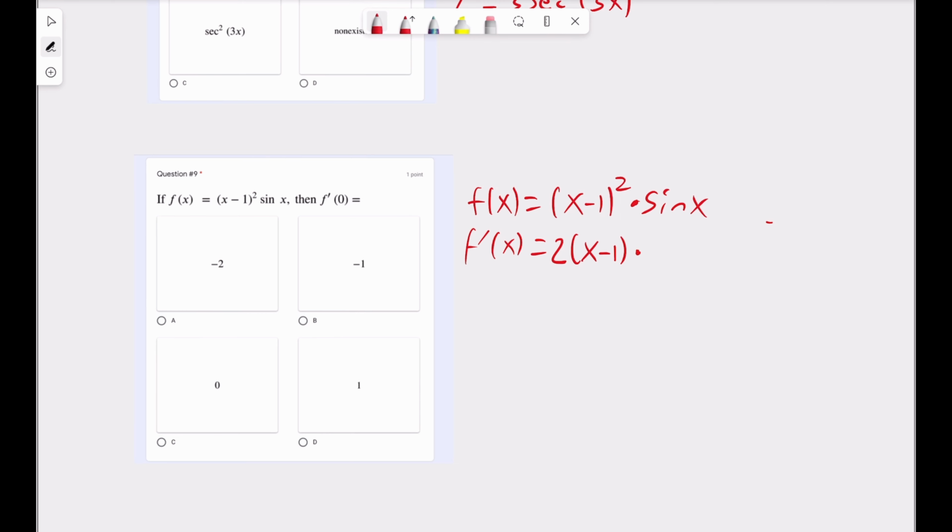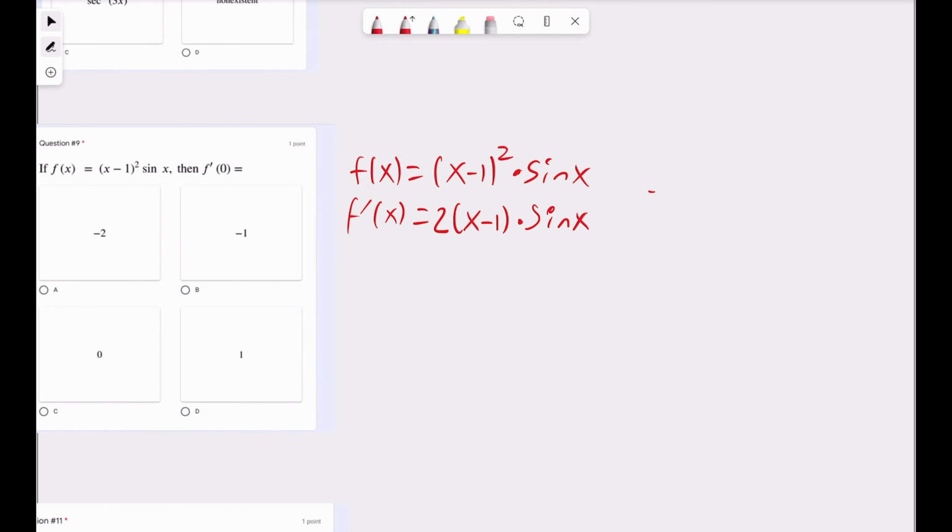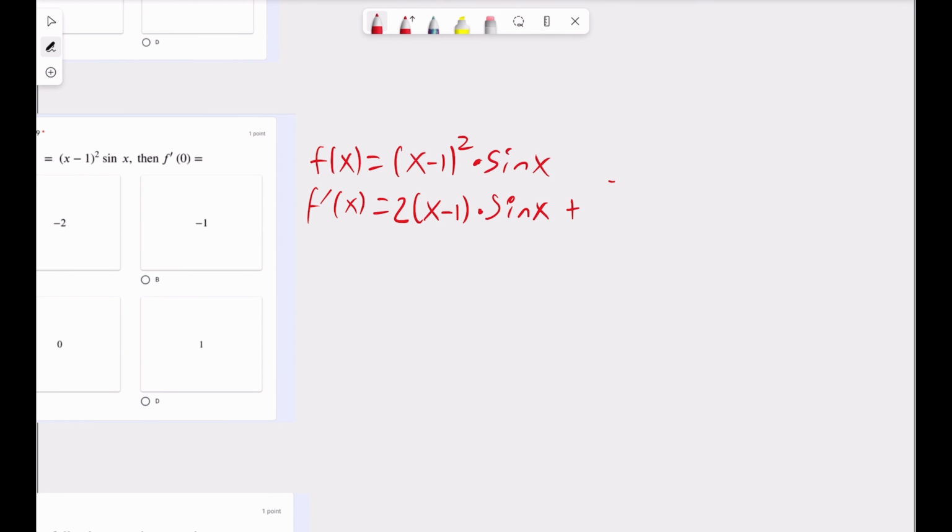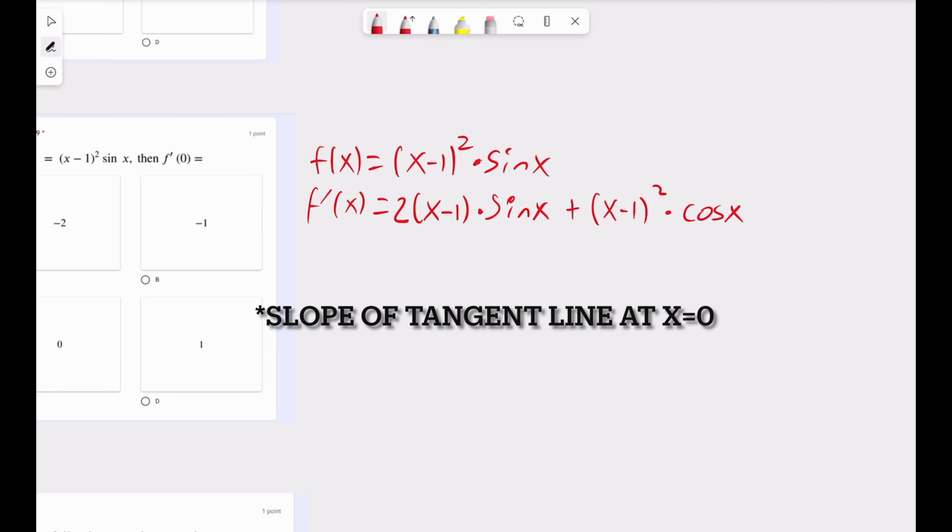And then we're going to leave the sine of x alone, so times sine of x, plus, we're going to leave the x minus 1 squared alone, times the derivative of sine, which is cosine of x. So that's our derivative. Now we need to find what the derivative of that function is at x equals 0.